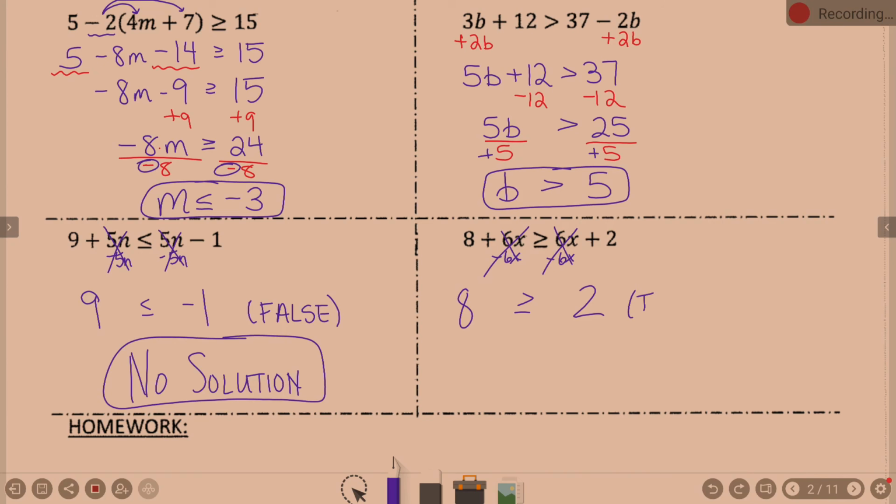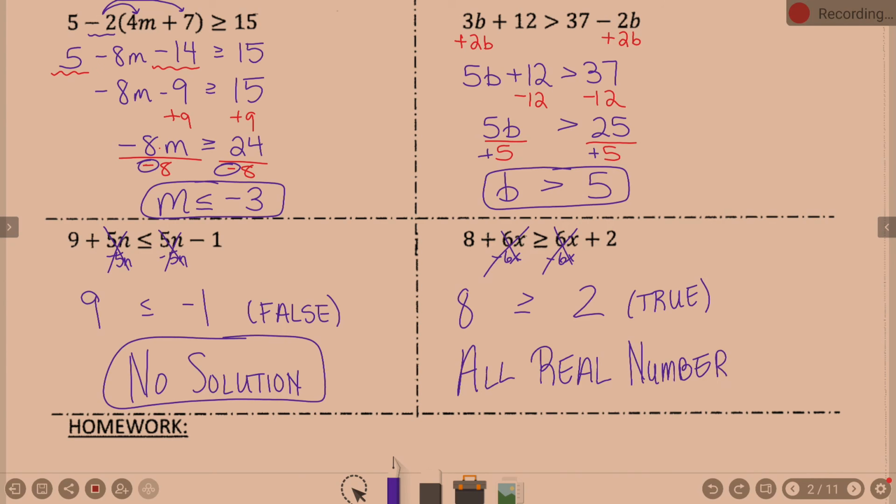Okay, so when it's a true statement, it's not no solution. Do we remember this? What is it? We had it in the last chapter. Oh wait, we actually talked about identity, but we also talked about this one: all real numbers.